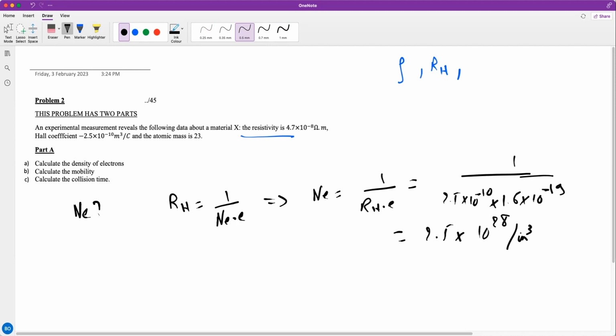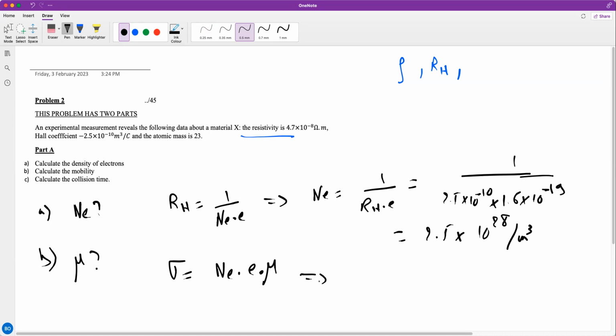And then this is A, this is B: calculate the mobility. How do you calculate the mobility? The conductivity is equal to mu n e. Exactly. So you said this, right?